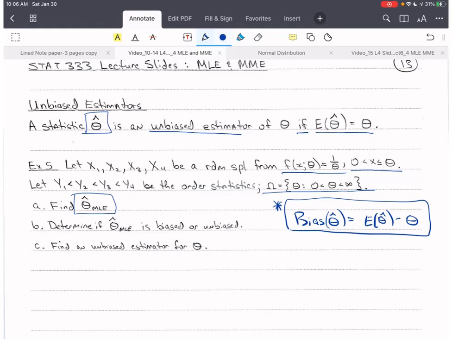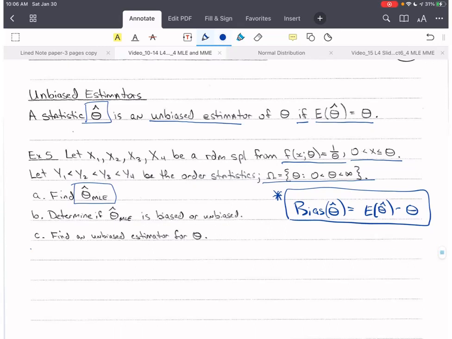Okay, so the first thing we need to do is find L of theta, which is equal to the product of f of x_i, theta, which is equal to the product from i equals 1 to n of 1 over theta. That's the PDF, it's continuous.